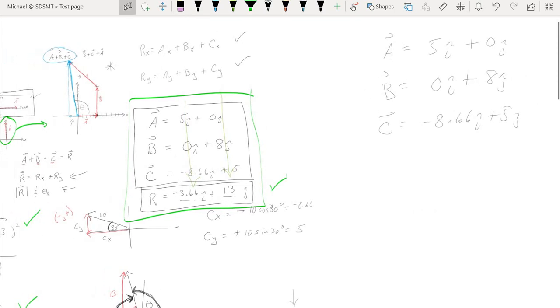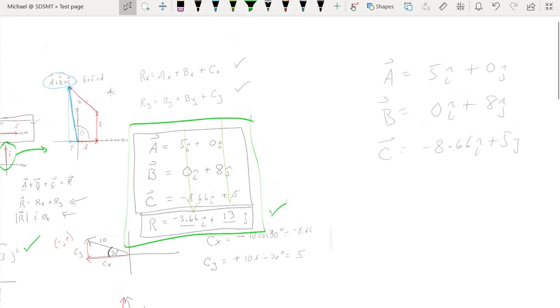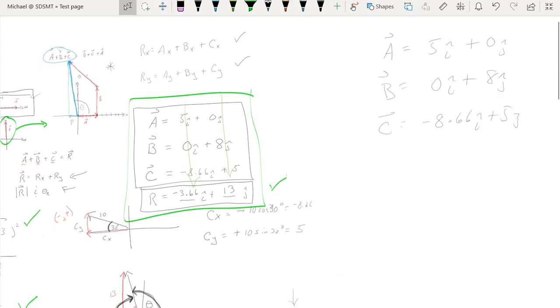And we already know that the order in which we add our vectors together is not going to matter. I can add numbers together in any order. That's not going to change the end result because addition is commutative and associative. Unfortunately, subtraction is not.